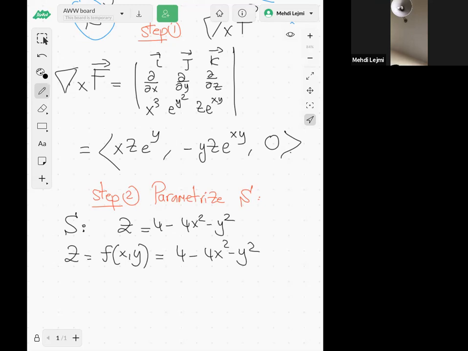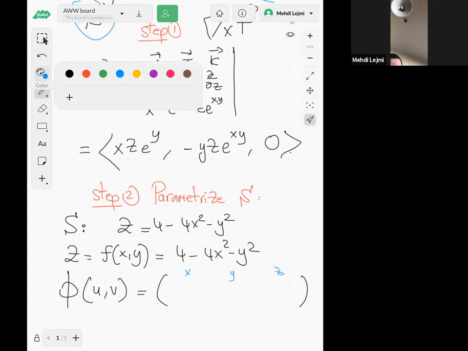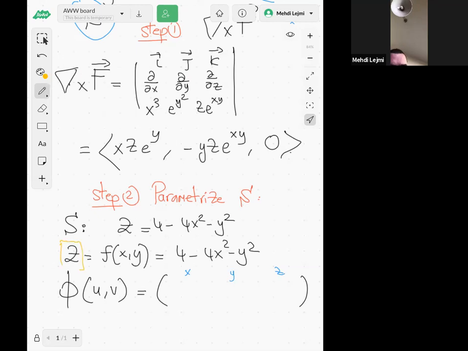Why is this very simple to parameterize? Because then phi of u, v: suppose my x, y, and z, I need to parameterize this in terms of u and v. The only relation I have is that my z must be equal to this. This is just a condition on z.